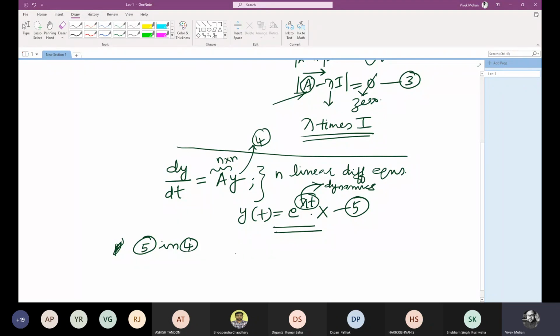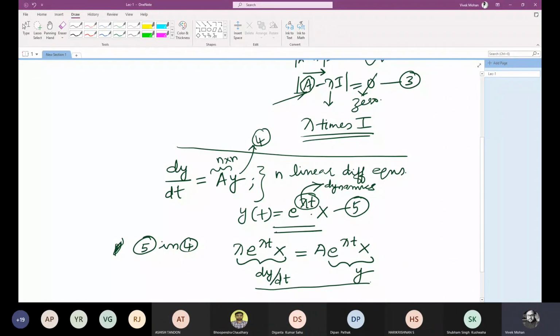So basically what we get here is lambda e raised to lambda t into x equals A e raised to lambda t into x, because this is y and this is dy by dt. So dy by dt equals Ay. This is the equation.